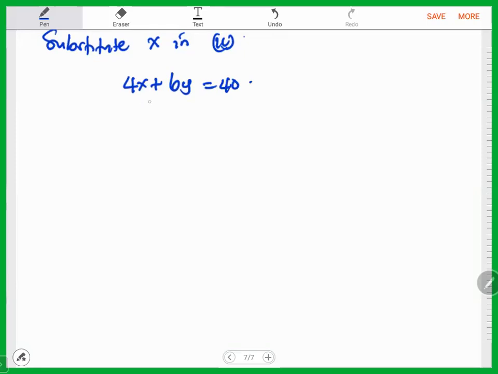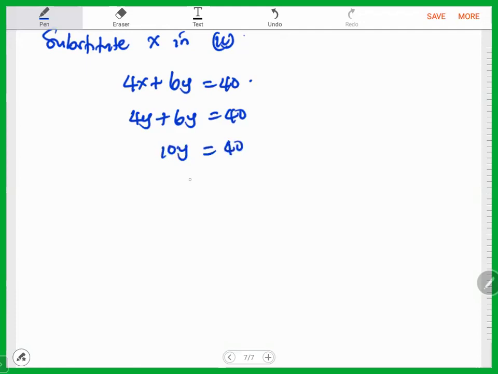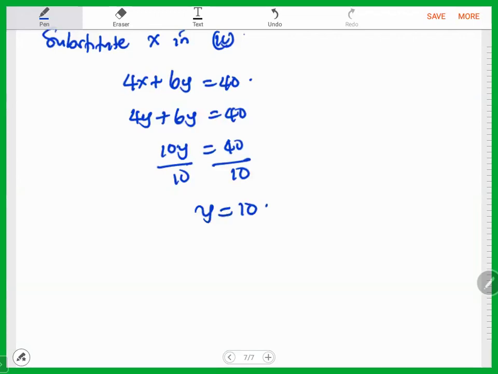So x is equal to y, meaning that it is 4y plus 6y is equal to 40. This is 10y is equal to 40. Divided by 10, divided by 10. y equal to 10. And because we said x is equal to y, then x is also equal to 10.